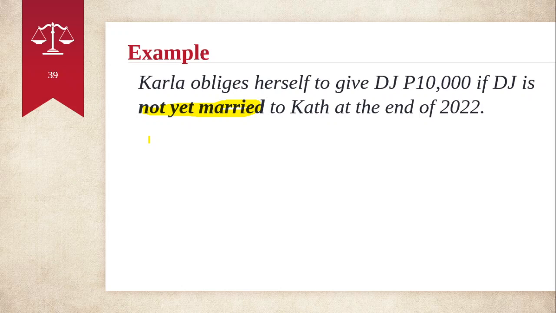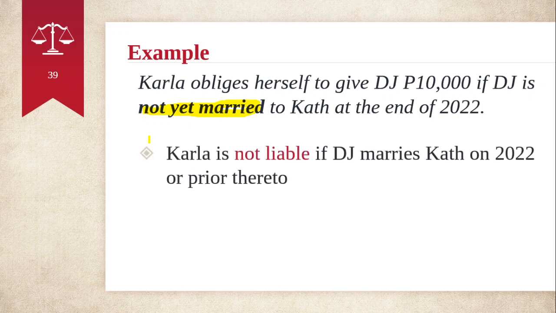Hindi siya katulad kay Ellen kanina. Gawin mo to at babayaran kita ng 10,000. Dito naman, wag mo tong gawin at bibigyan kitang 10,000. Okay? Wag niya daw pakasalan si Kath until the end of 2022. Kapag nagawa niya yon, bibigyan niya ng 10,000 si DJ.